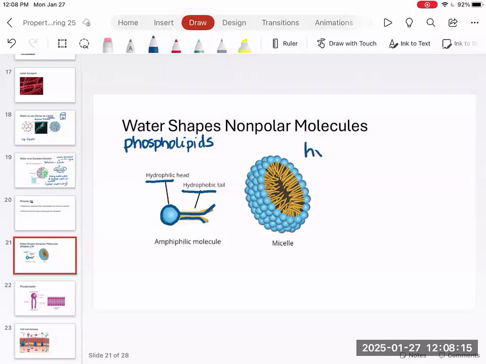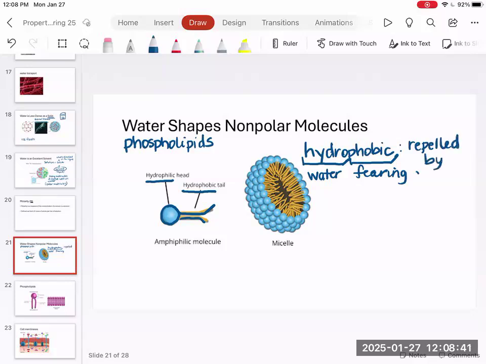So hydrophobic: hydro is water, and phobia is a fear of something. So these are water fearing. In fact, they are repelled by water. They don't mix with water.